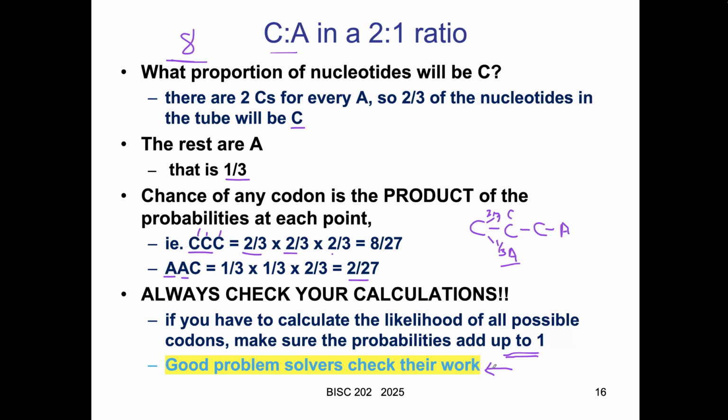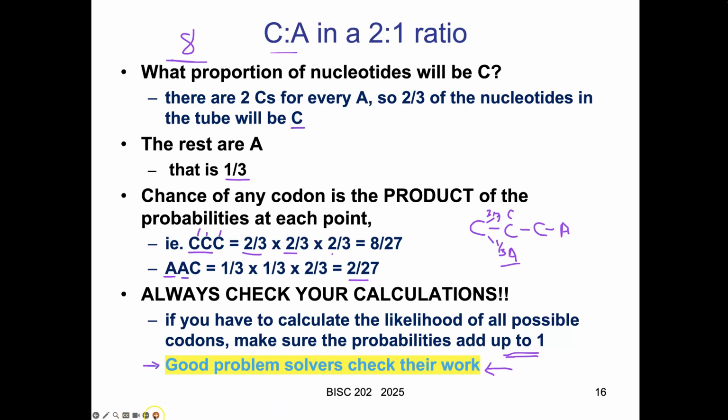If you calculate the likelihood of all of them, then the total has to be 1, right? 1 is 100%. And so it's always good to just check your work. Suppose you just punch the wrong thing into your calculator one time, you can quickly skim through your results and make sure they add up, and that can alert you something is wrong, right?